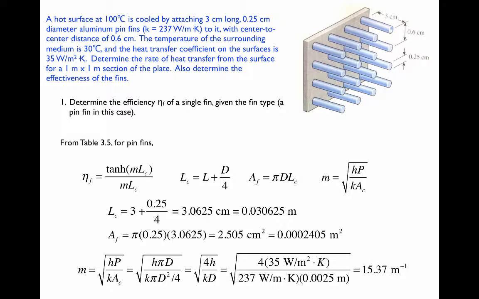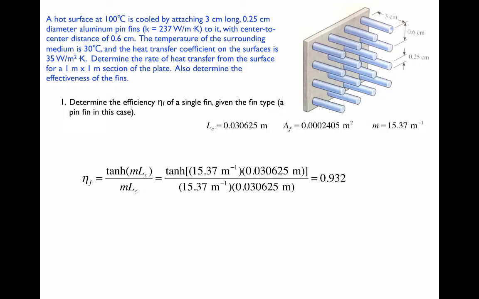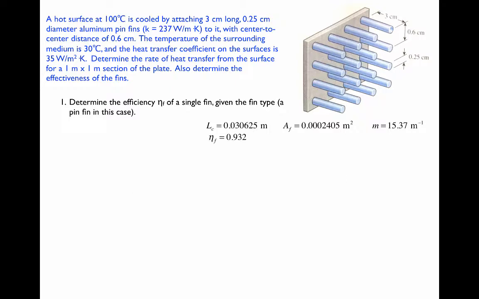That gives us the square root of 4h over kd. We substitute our values in and get 15.37 for m. Now we can write those quantities up in case we need them later, plug in our values, and we get 0.932 for the fin efficiency.